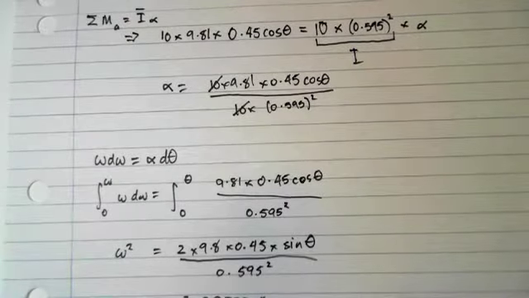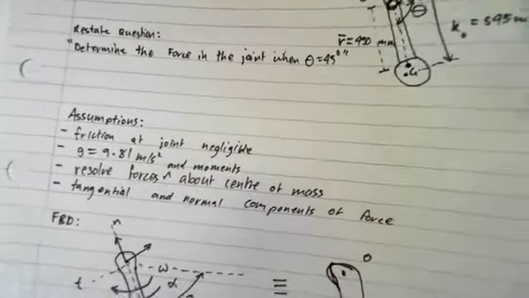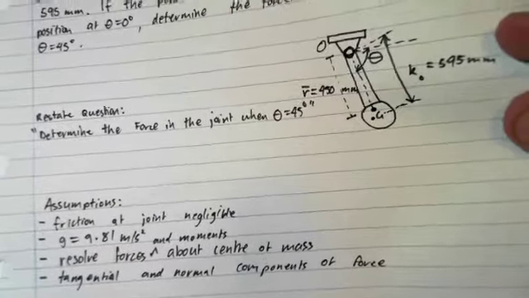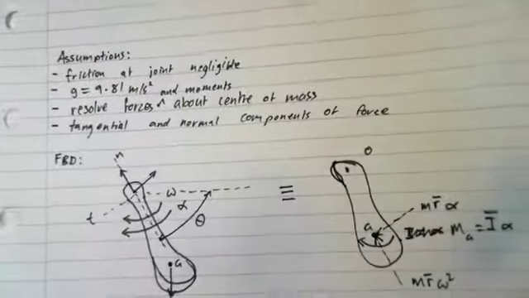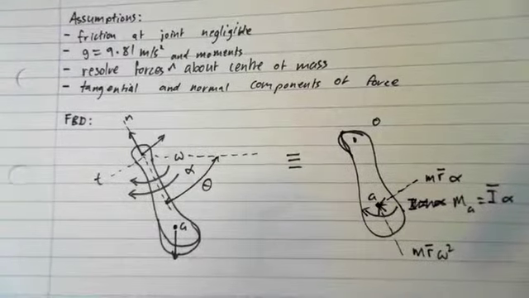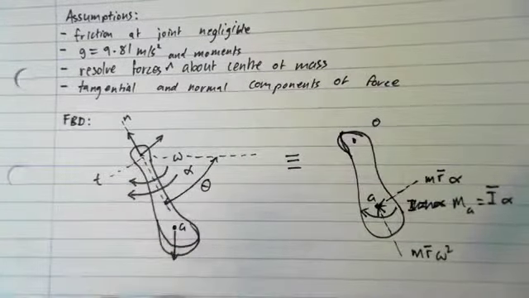So from our free body diagram on this page, from this free body diagram, we see that the gravitational force in here has a tangential component and a normal component.